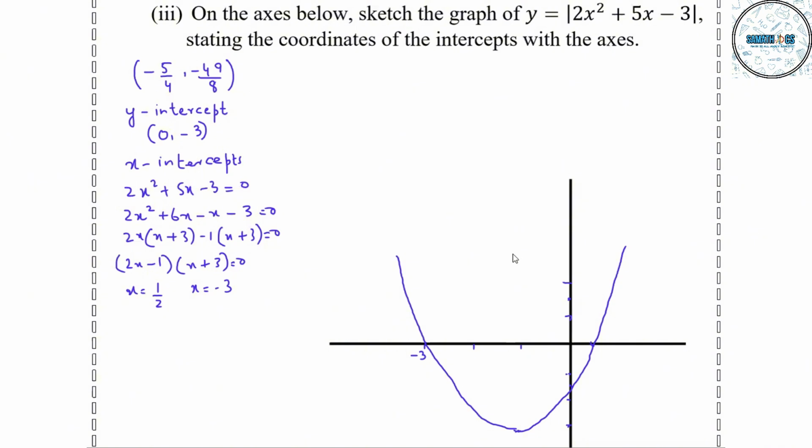So we will reflect this part of the curve above the x-axis. This part of the curve will be drawn like this. Once we have drawn the curve above the x-axis, we will erase the part which is below the x-axis. Now this is the sketching of the graph which is required in part 3.